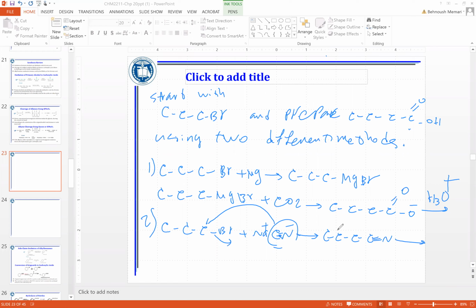We just said in the previous slide that if you have a 4-carbon nitrile, then you can do hydrolysis of the 4-carbon nitrile to change that to a 4-carbon carboxylic acid. Okay, so these are 2 methods. These are not the only 2 methods.